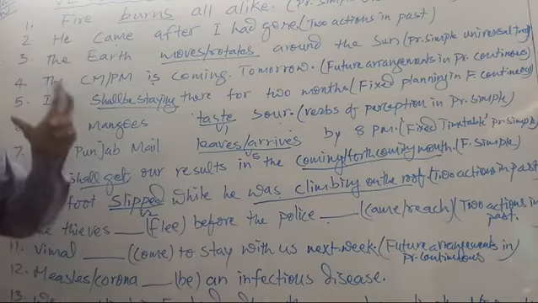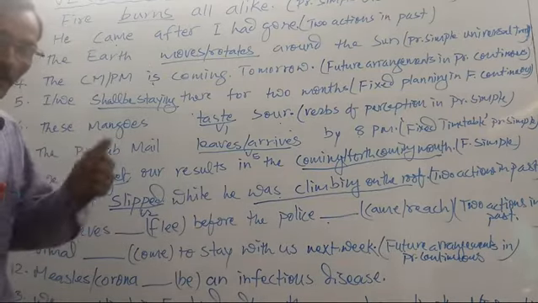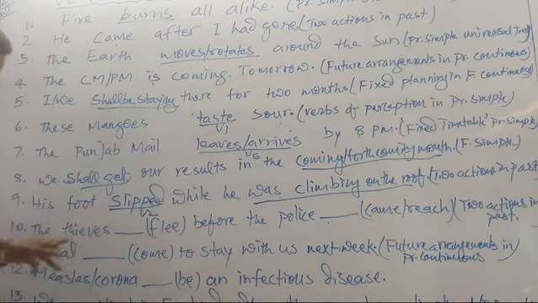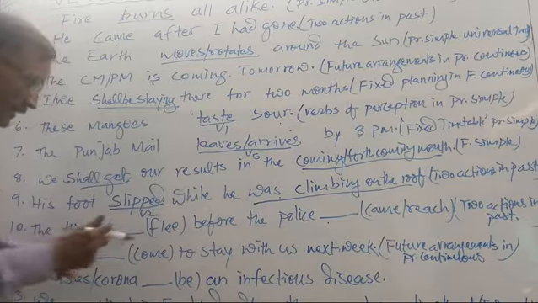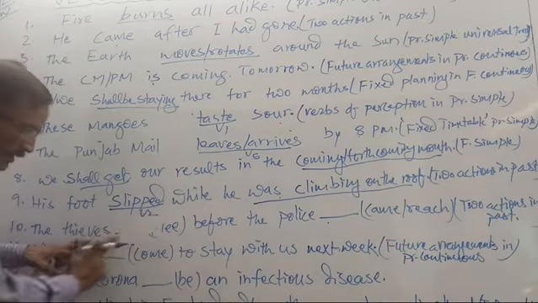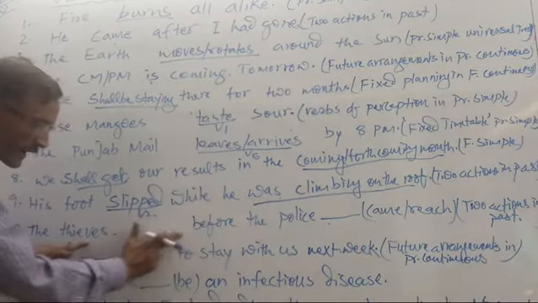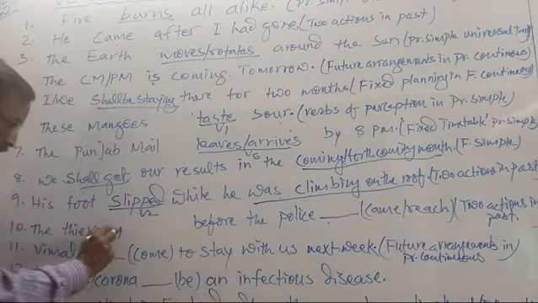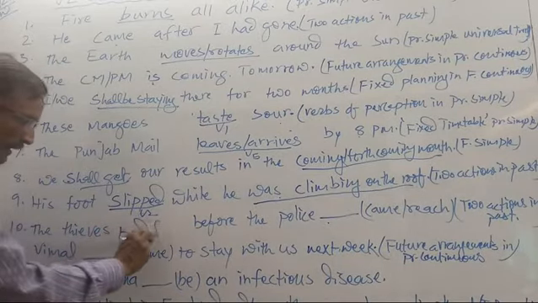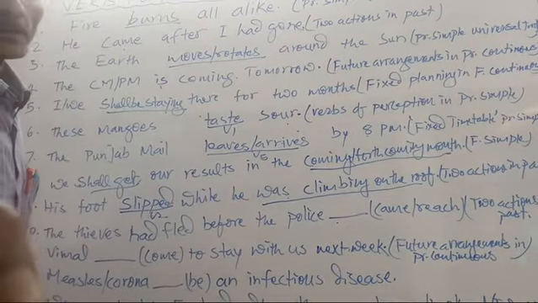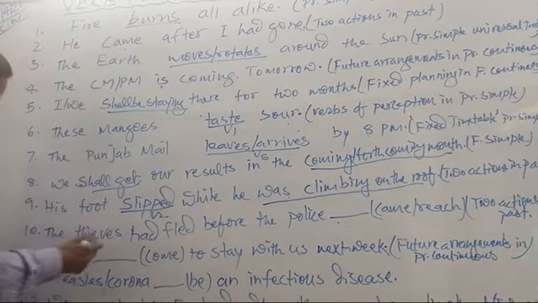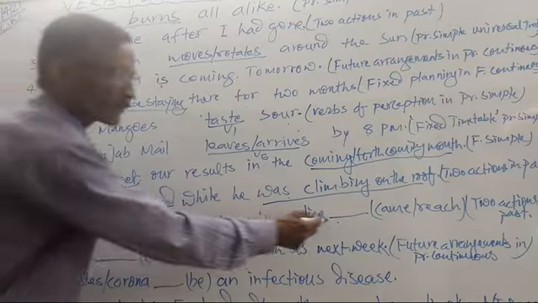So we have to see which action happened earlier than the other. The running away of thieves happened earlier, so we have to keep past perfect here, had fled. The thieves had fled before the police.